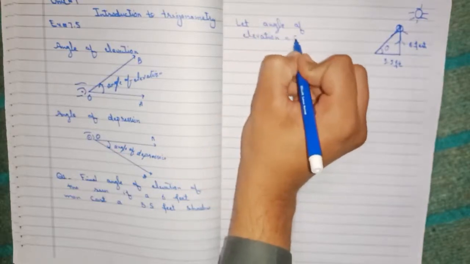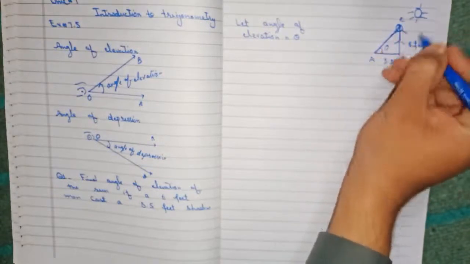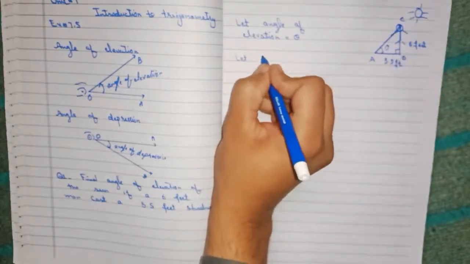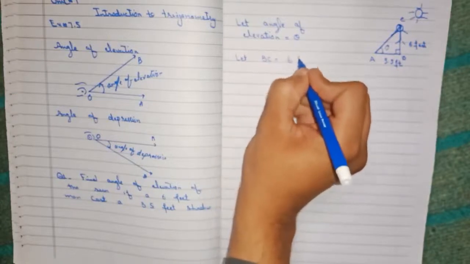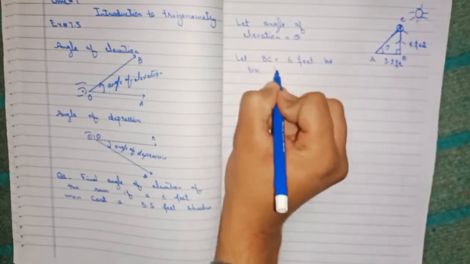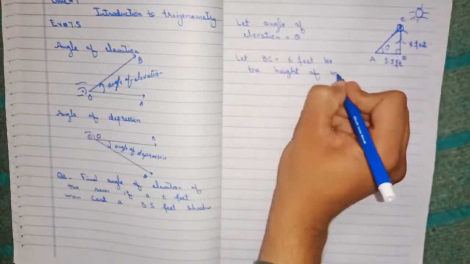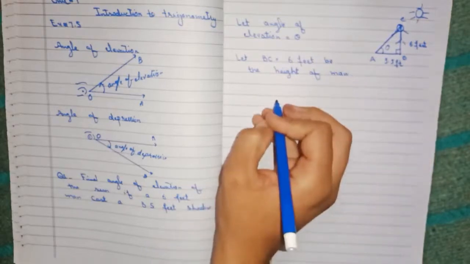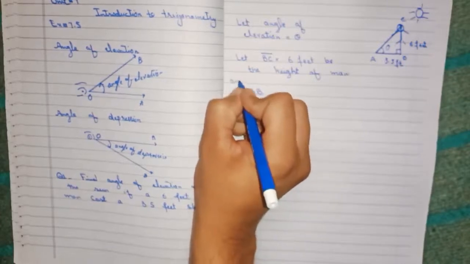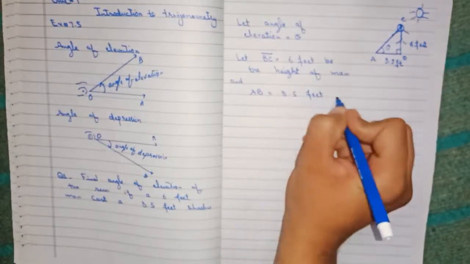If we name this right angle triangle, let BC equal 6 feet be the height of the man, and AB equal 3.5 feet the shadow of the man.